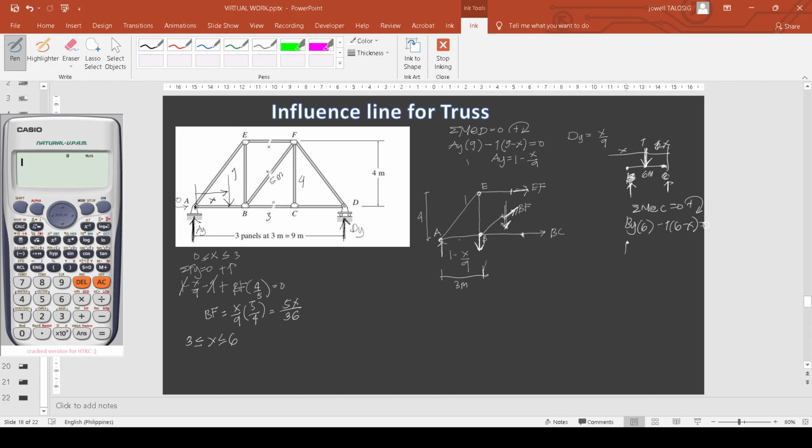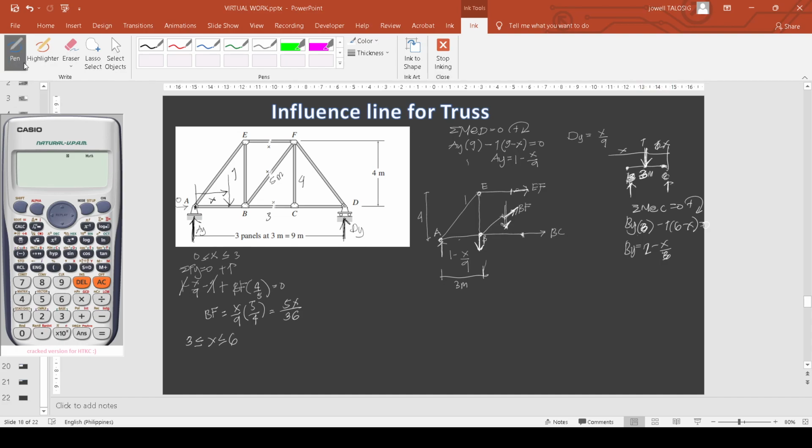Okay? So, By here is equal to 1 minus x over 6. Okay? So this is 3. So, 3 meters per ayan. So, this is By times 3. So, this is 2x over 3.